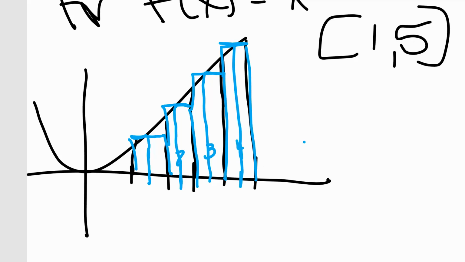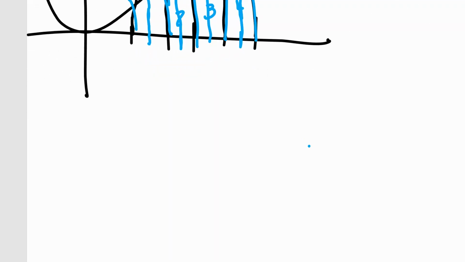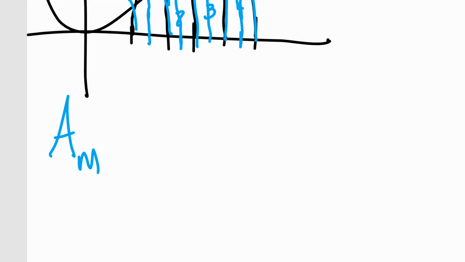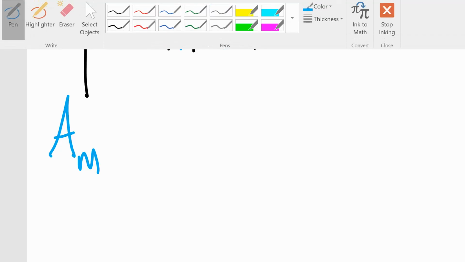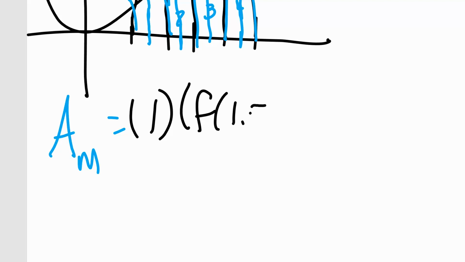Again, we are going to add up or sum the values of the areas of those 4 rectangles. So the area using my mid-sum, oh, I apologize, is going to be, again, my base is going to have a width of 1. Now I'm going to do f of 1.5. That is the x value in the middle of my first rectangle.